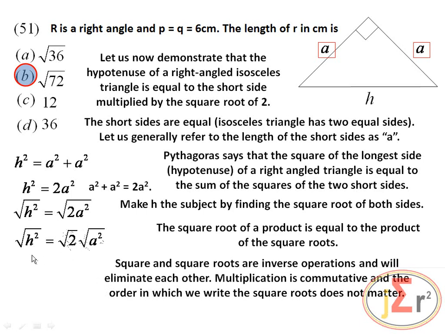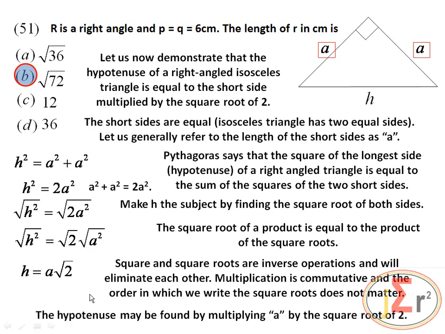So we will have h is equal to a times the square root of 2. Like that. And that's all there is to it. The hypotenuse may be found by multiplying a by the square root of 2. As long as we have a right-angled isosceles triangle, the hypotenuse is equal to the short side multiplied by the square root of 2.